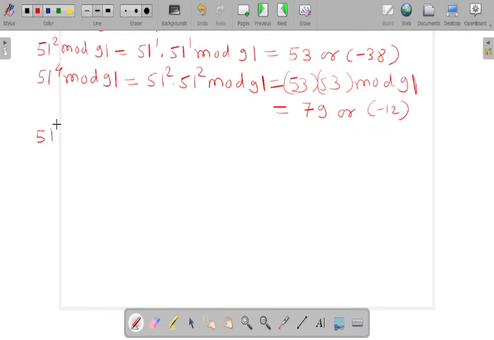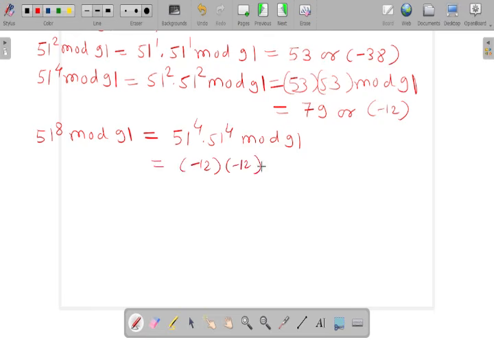Now I have to find the value of 51 raised to 8 mod 91, which is equal to 51 raised to 4 into 51 raised to 4 mod 91. So 51 raised to 4 is nothing but minus 12 into minus 12 mod 91. And I will get the value 53 or minus 38.